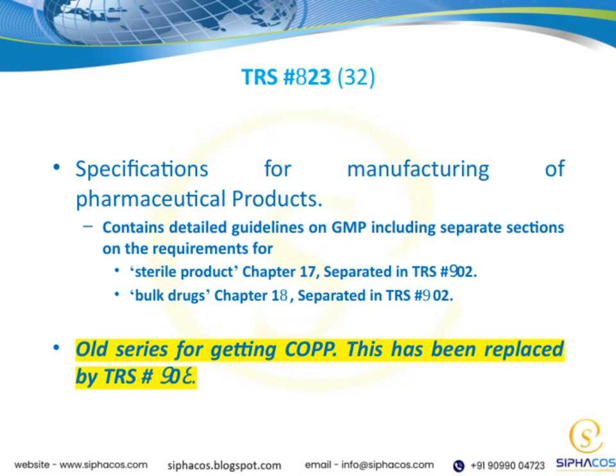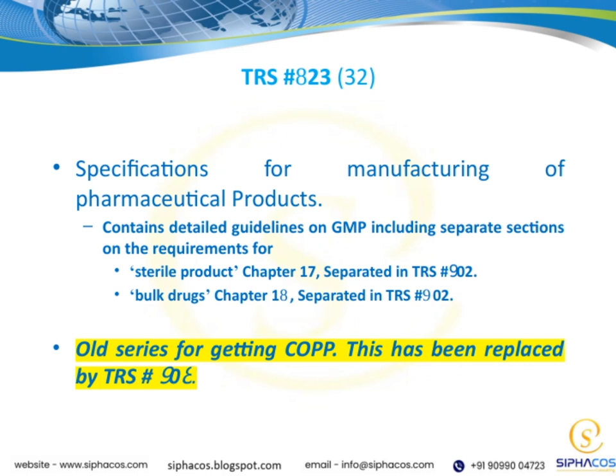This slide highlights the detailed guidelines on good manufacturing practices, or GMP, which are essential to ensure product quality and safety. You'll notice that there are specific sections dedicated to different types of products. For example, Chapter 17 focuses on sterile products, and this is separated out in TRS 902 to emphasize its unique requirements.